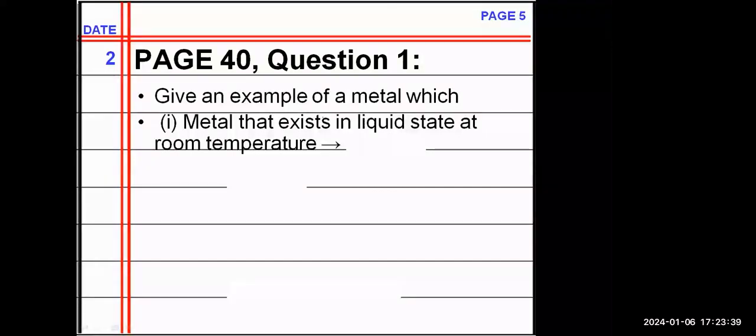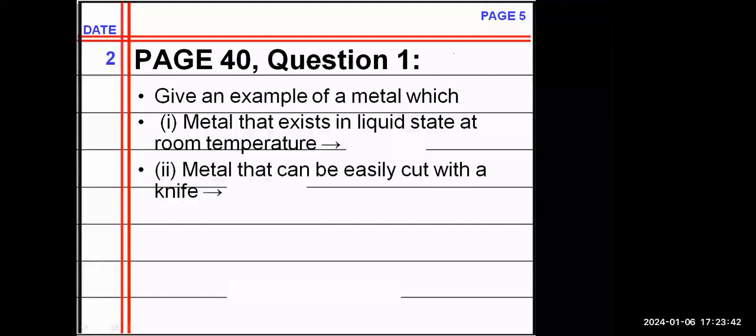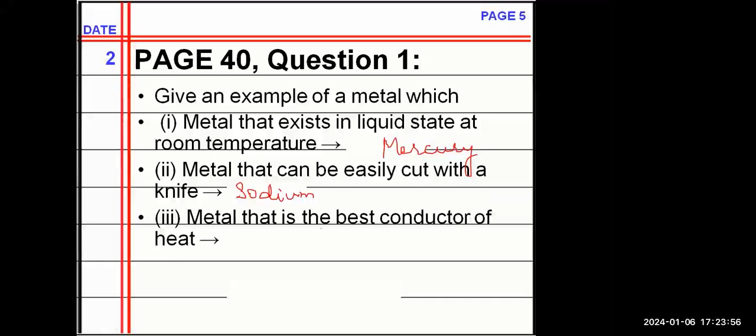So it is mercury. We have just now discussed it. The next question is a metal which you can cut with a knife easily. It is sodium.